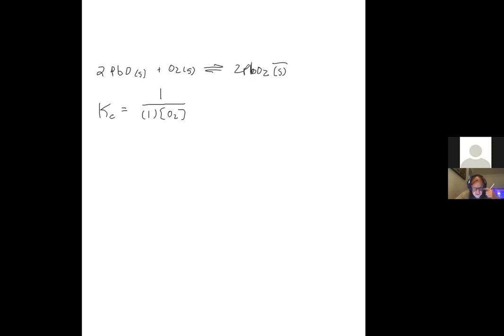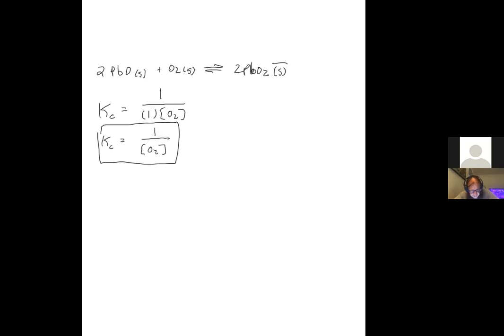Now, you don't have to have the 1 in the denominator because 1 times 10 is 10, but you do need to keep that 1 up there, because if you didn't put that up there, it would be difficult to interpret what that means. So we write it just as 1 over the concentration of O2. Okay, so there's your expression for Kc.